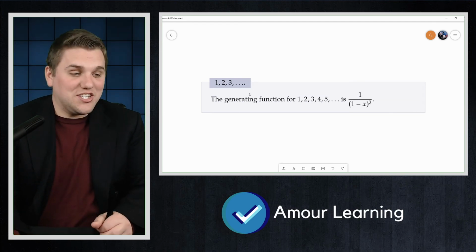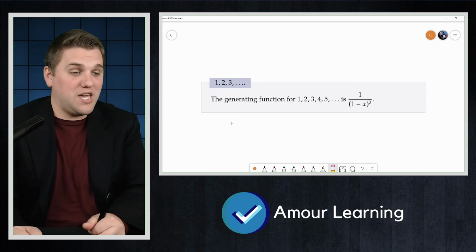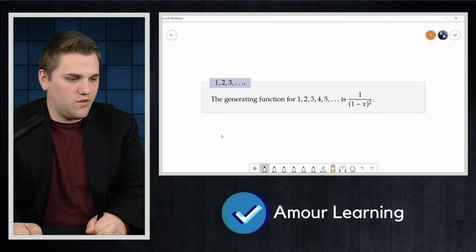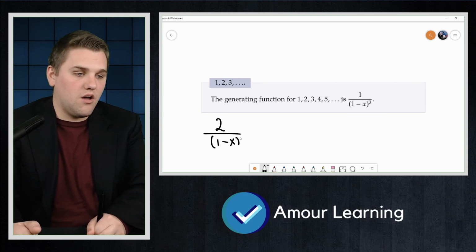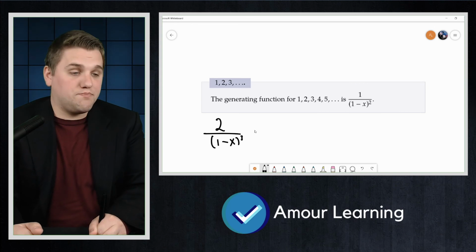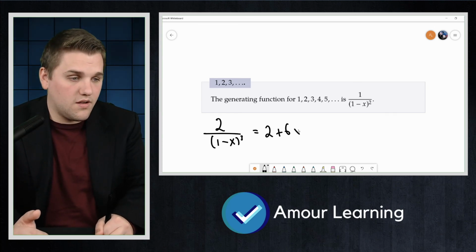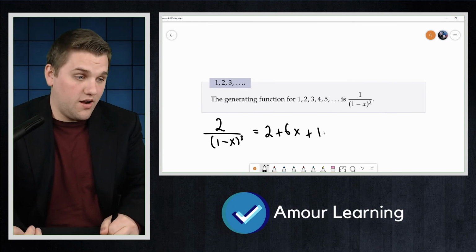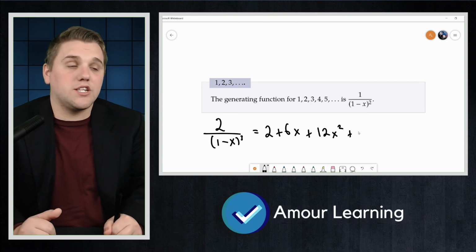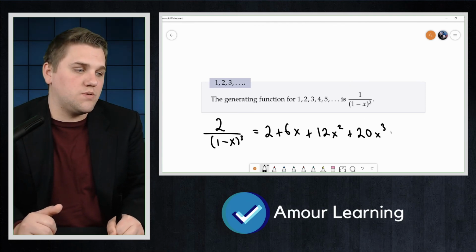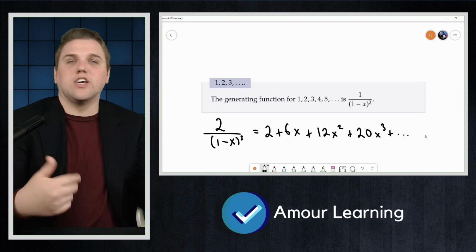Well, let's take the second derivative of that function. The second derivative would be 2 over 1 minus x all cubed, which, by the way, is 2 plus 6x plus 12x squared, again differentiating term by term, plus 20x cubed. And then the next one, I don't know offhand, but anyways, you get the point.